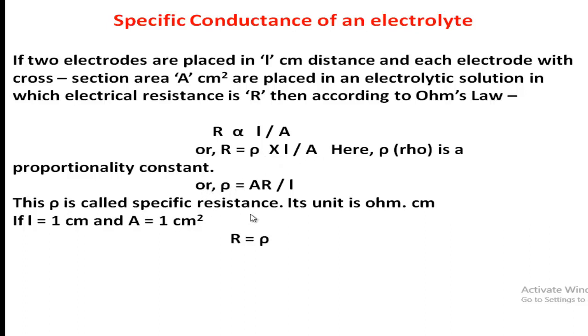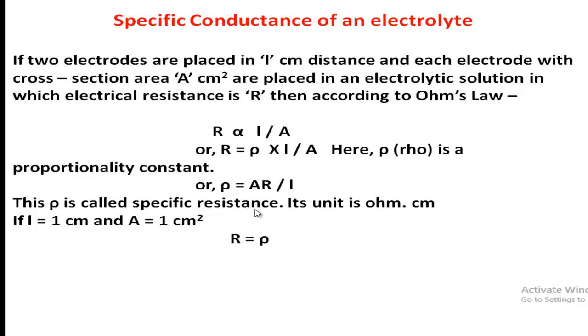This rho is called specific resistance and its unit is ohm centimeter. So we can write rho equals RA divided by L.